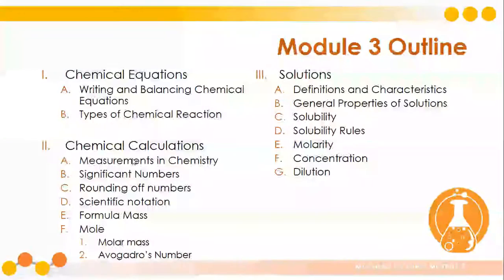We'll also be discussing chemical calculations, wherein you'll be dealing with a lot of numbers and solvings. Subtopics are measurements in chemistry, significant numbers, rounding off numbers, scientific notation, formula mass, and mole. And under mole, we will be focusing specifically on molar mass and Avogadro's number.